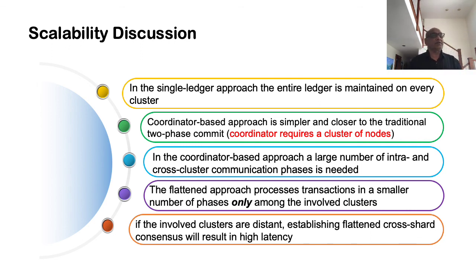The AHL approach in this context uses a coordinator-based approach, very similar to two-phase commit in distributed databases, with the main distinction that instead of a single node serving as coordinator, they use a reference committee. The reason you need a reference committee is because we are dealing with a malicious environment.